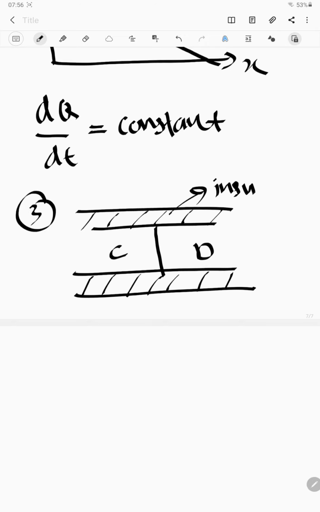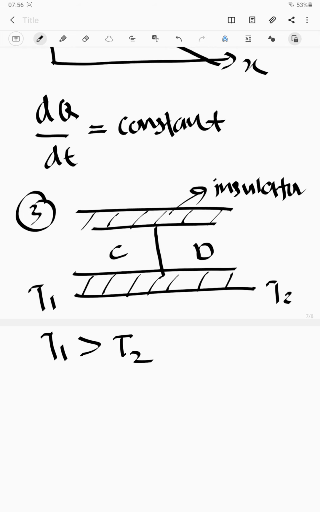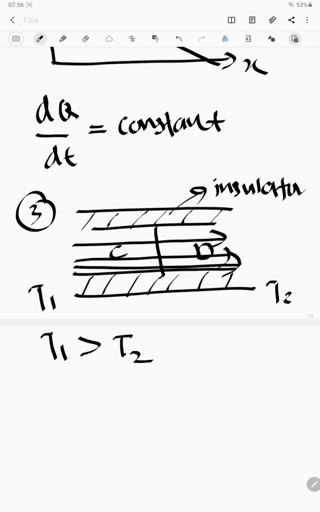So untuk yang ni, kita ada T1 dan T2, and then T1 is greater than T2. So apa berlaku? Heat will flow in the metal bar from higher temperature to the lower temperature, iaitu daripada material C pergi kepada material D.